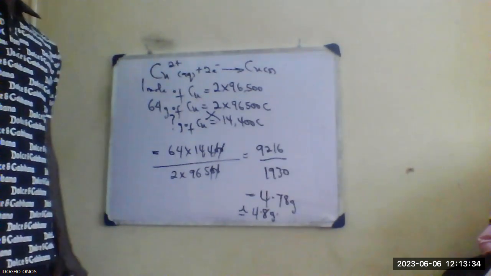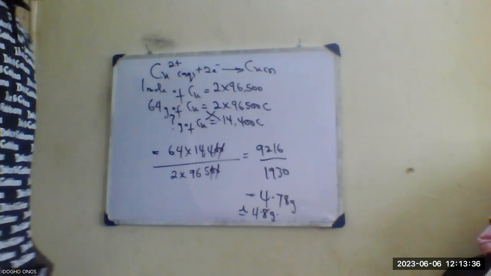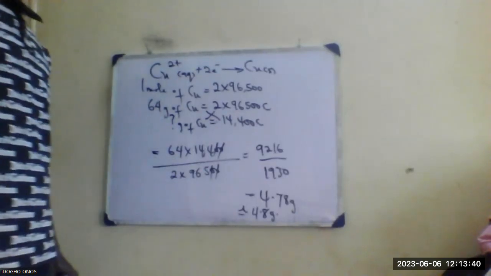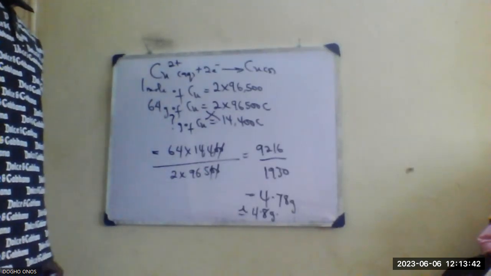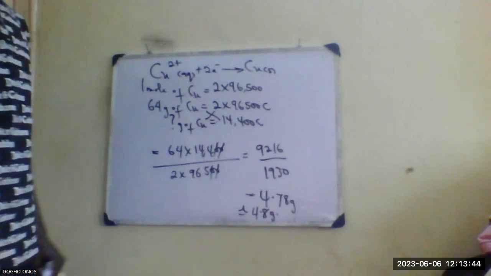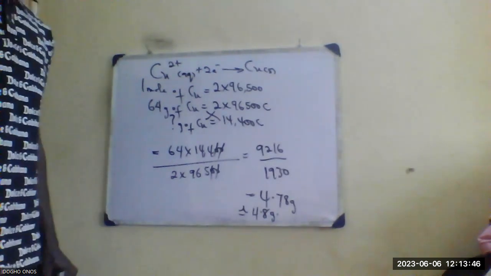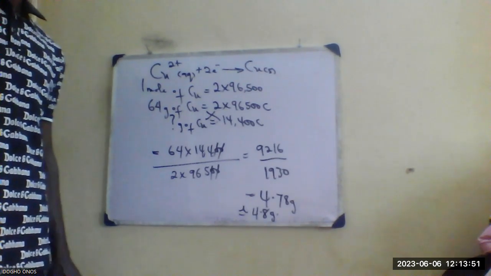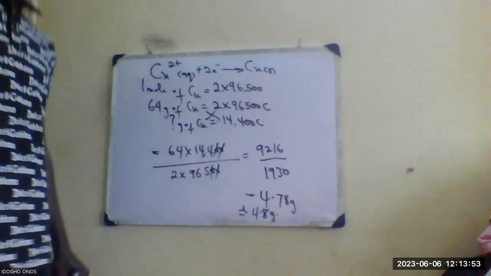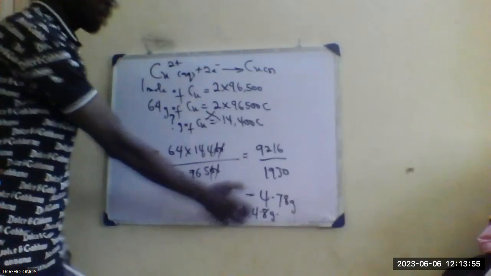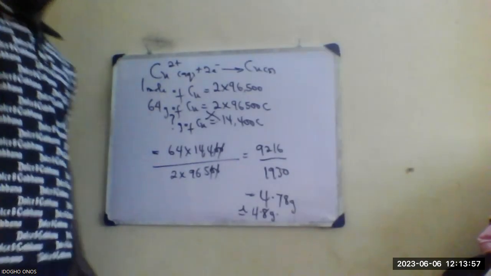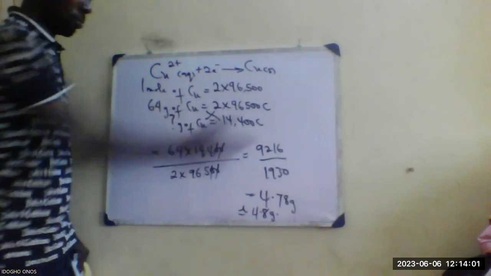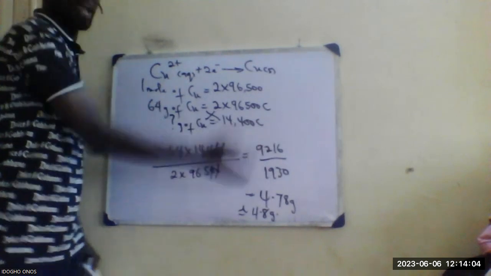Then open bracket again and put 2 times 96,500. Then close the bracket and press equals. Okay, 4.77. Yes, 4.77, to one decimal place, 4.8. But if your calculator is not a scientific calculator, you do your numerator, put your answer, denominator, put the answer, then divide.